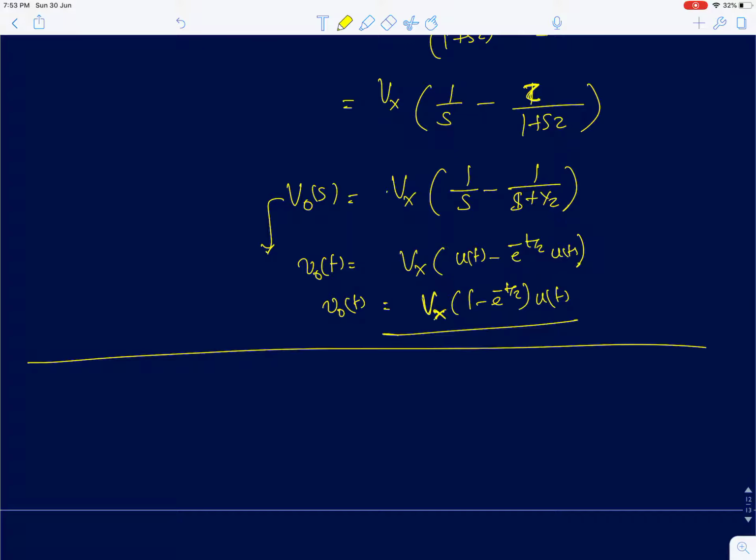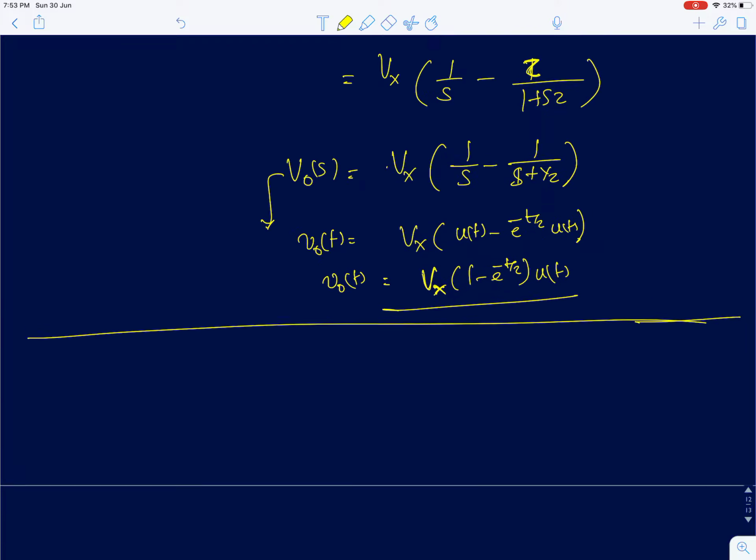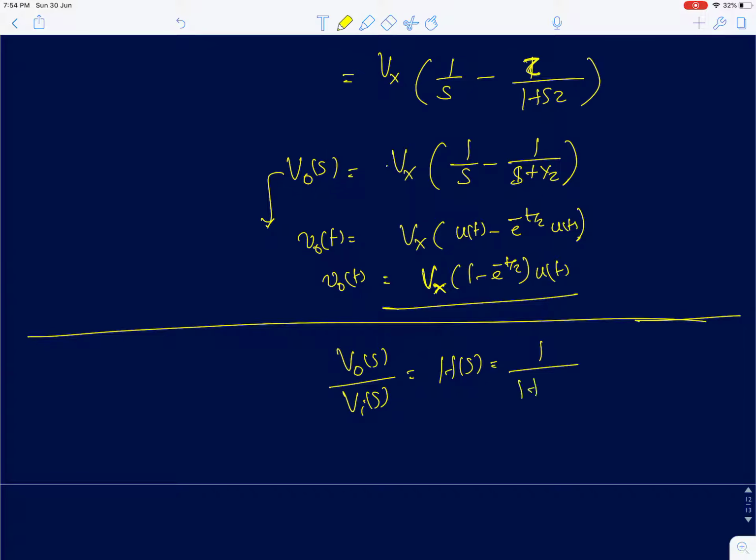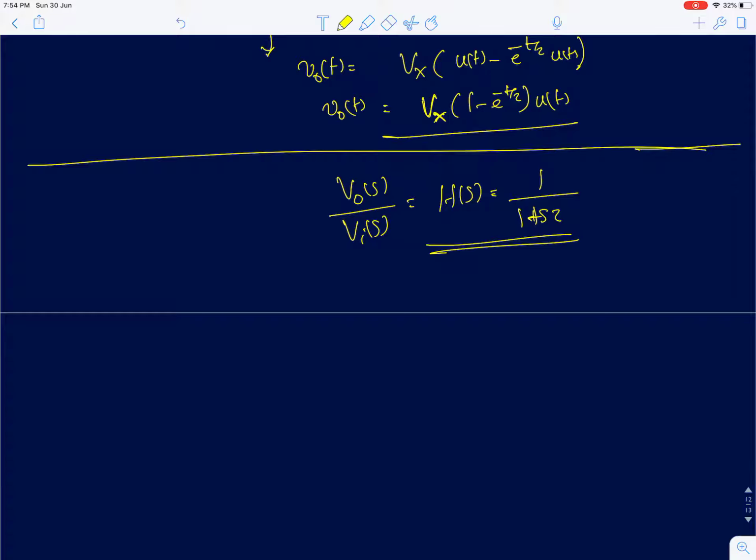Another reason is that if I find v naught of s by vi of s, I get a function h of s. In this case it is 1 by 1 plus s tau. This function is called the transfer function. Now we can infer a lot about the system by just studying the transfer function.